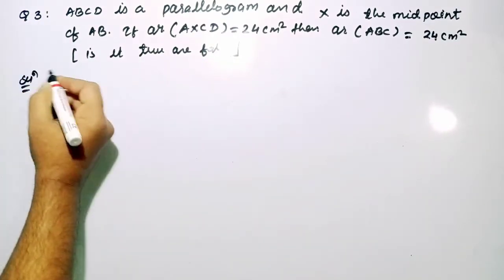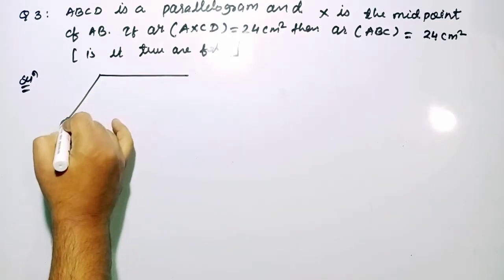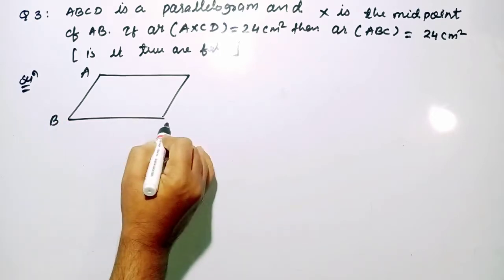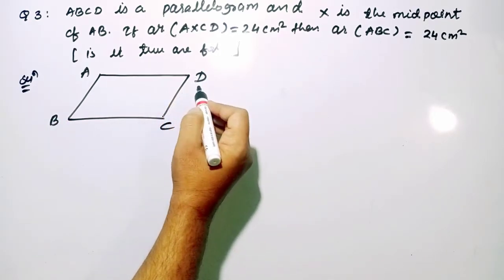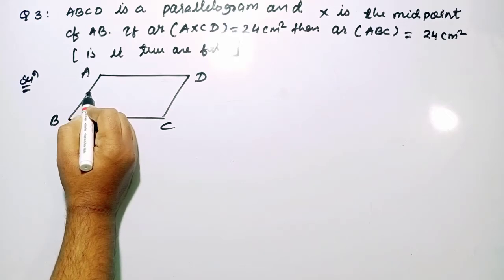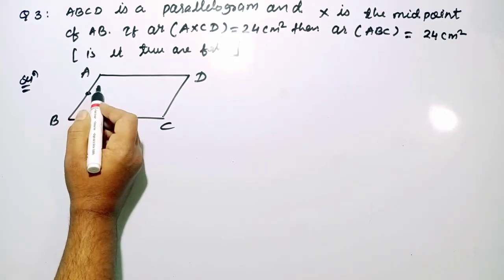Is it clear, student? First of all, drawing the figure, a quadrilateral ABCD, and X is the midpoint of side AB.